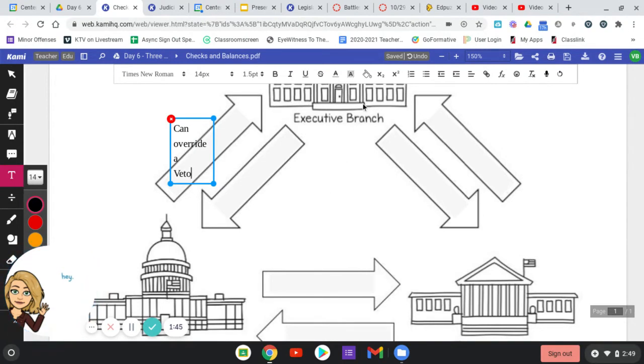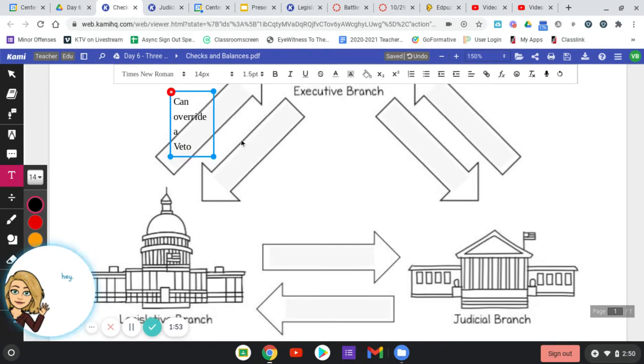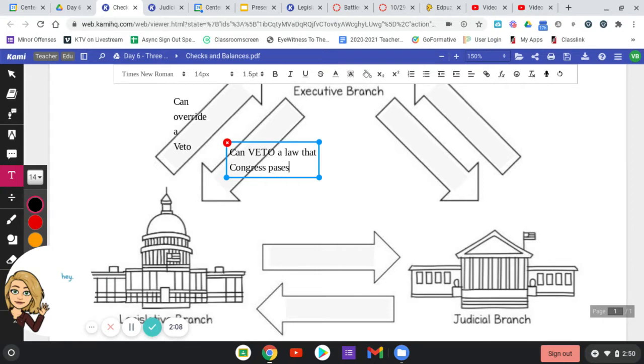And how the executive branch checks and balances the Congress, the legislative branch, is they can veto a law that Congress passes. So that's how the House and the executive branch check and balance each other.